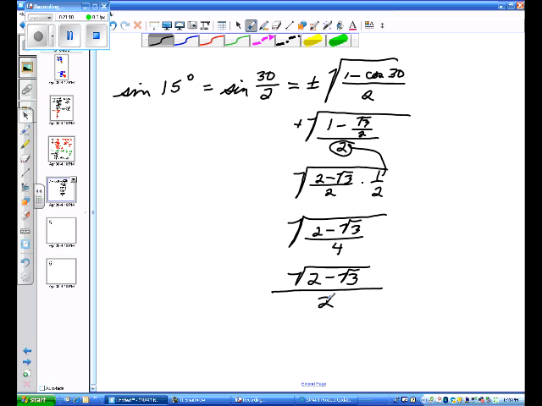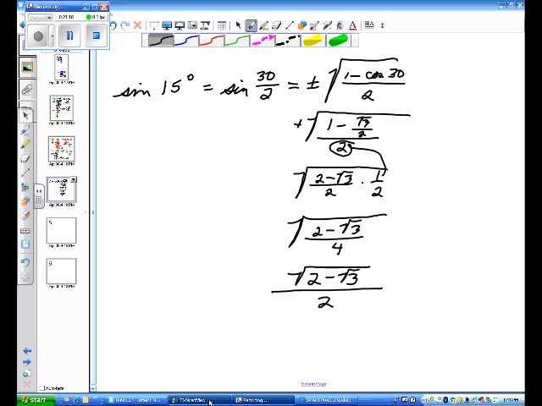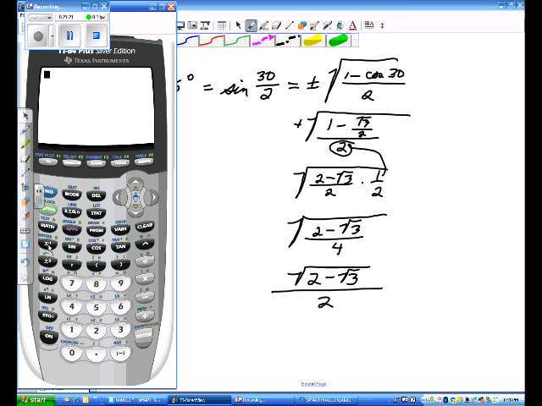And we came up with that value. Now, if you were wanting to check these, basically what you would do is you would go to your calculator and you would see what the square root of 2 minus the square root of 3.